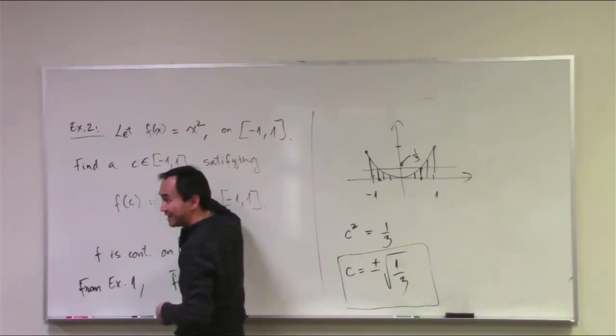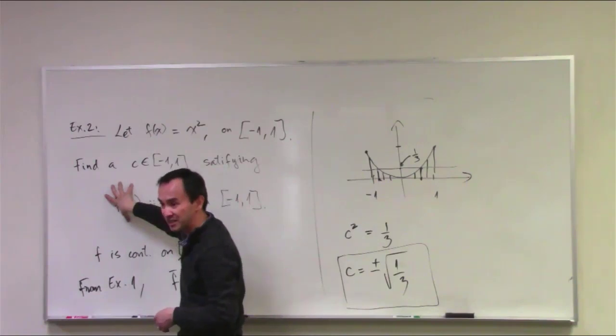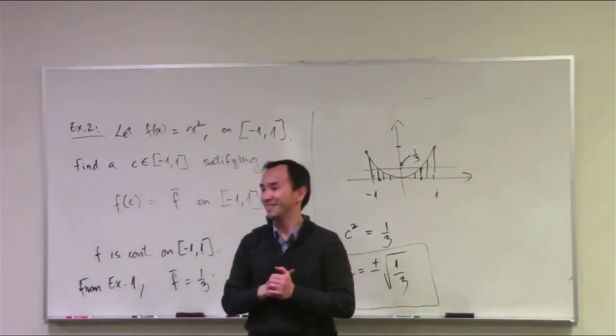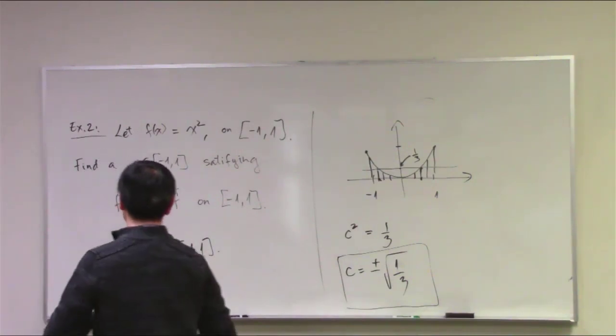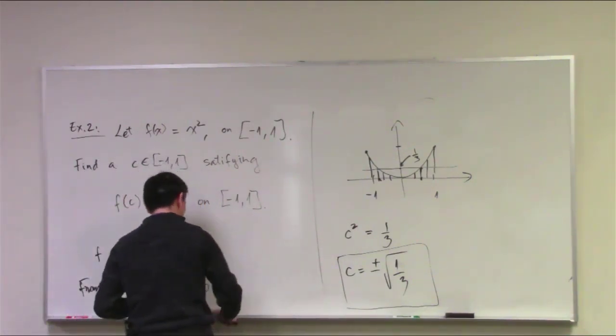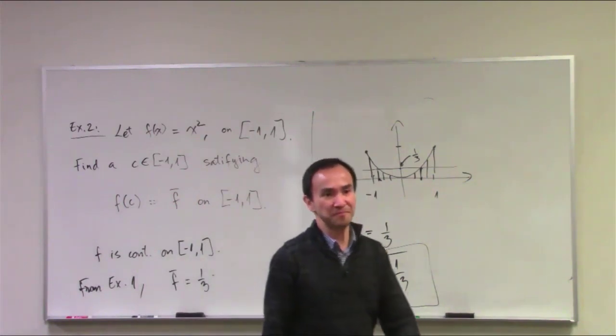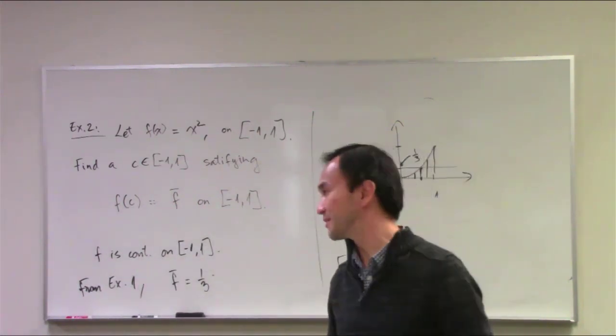And then set that value equal to f of c and then solve for c. Are you understanding what I'm trying to say? All right. That's pretty much all for the average value of a function like that. Any questions that you guys have for me?